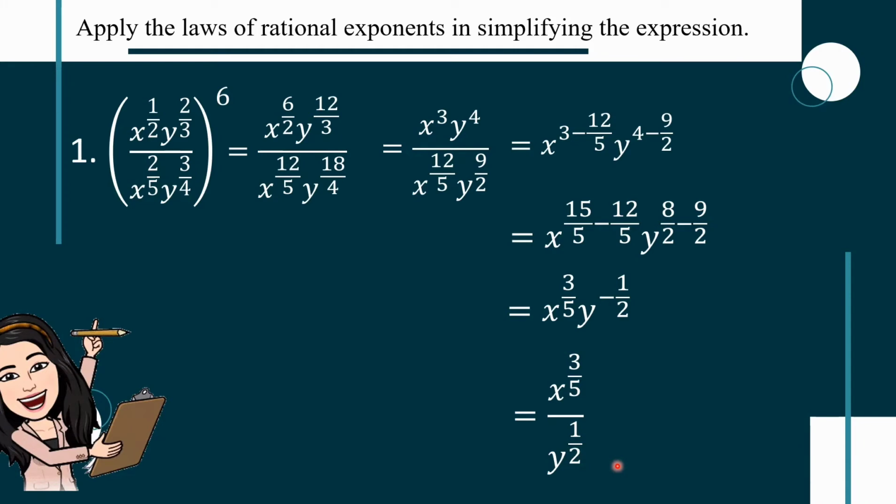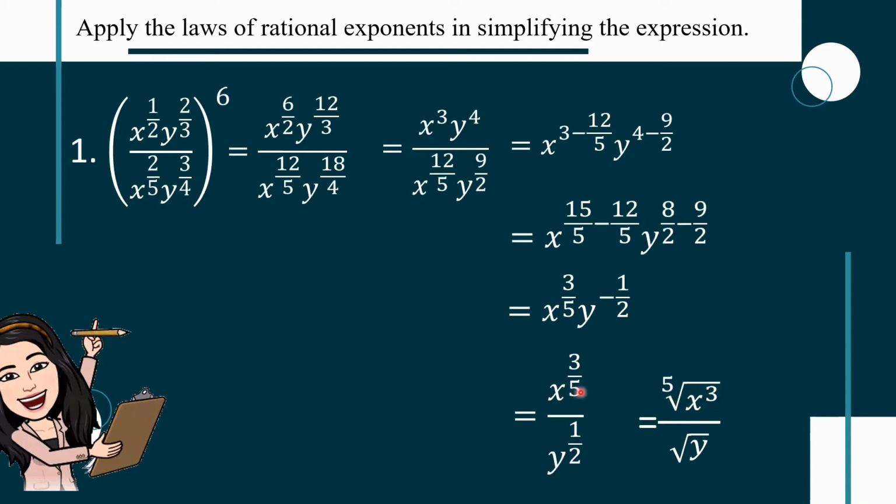Can you still follow? Okay, good. Now, can we still simplify? In this case, no, because their bases are different, so we cannot apply the quotient rule here. We will now proceed to changing it into radicals. From exponential form, we move to radicals. The numerator becomes, very good, 5th root of x cubed.